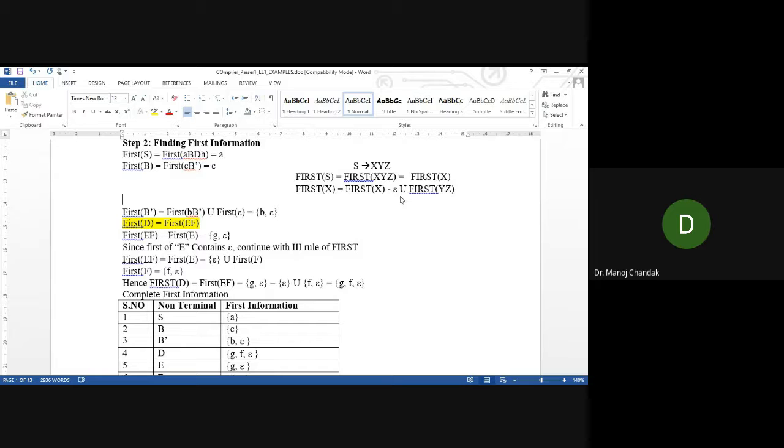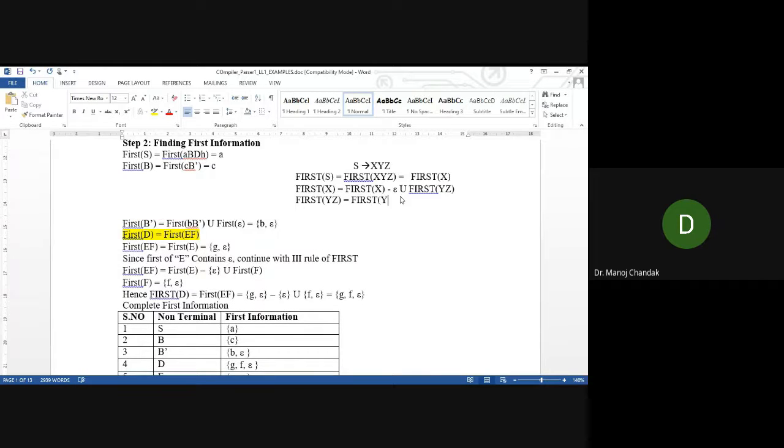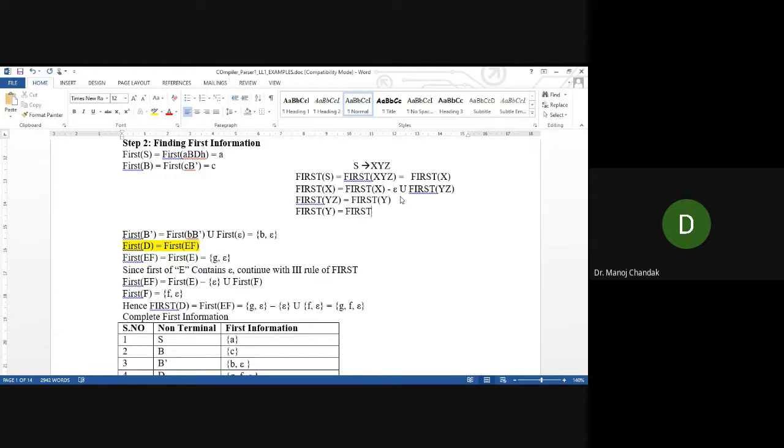Now you need to compute first of YZ, and that is equal to first of Y. If it still contains epsilon, then you compute first of Y minus epsilon union first of Z. This is continued as long as you are able to continue.